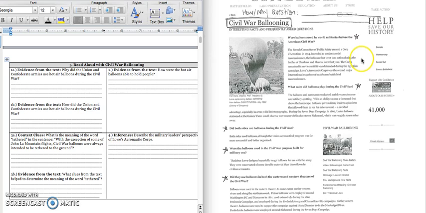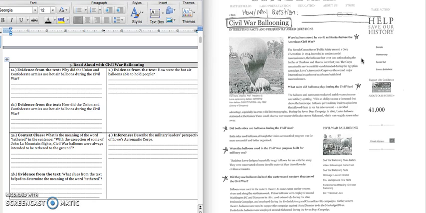The balloons first went into action during the battles of Charleroi and Fleurus later that year. The Corps remained in service until it was disbanded during the Egyptian campaign.